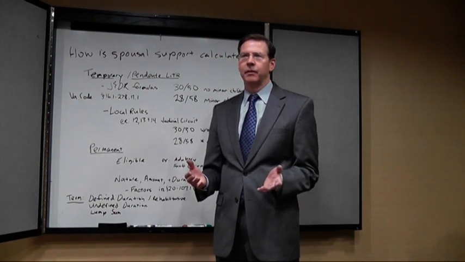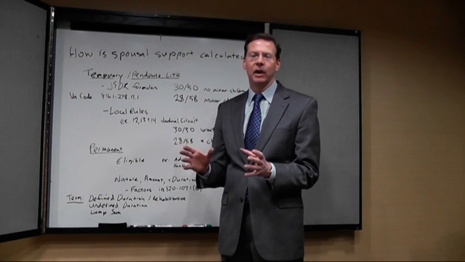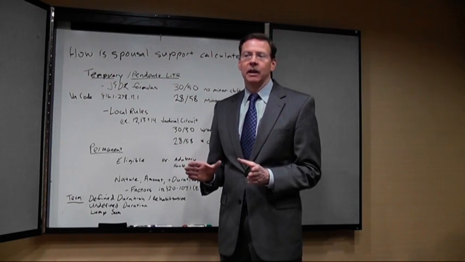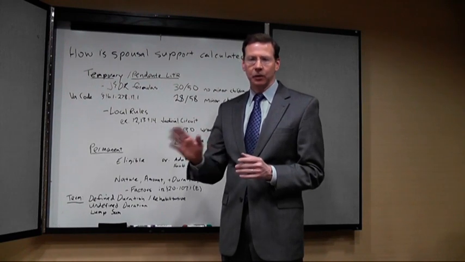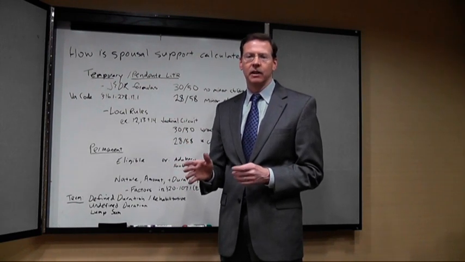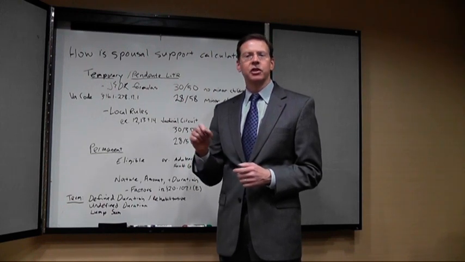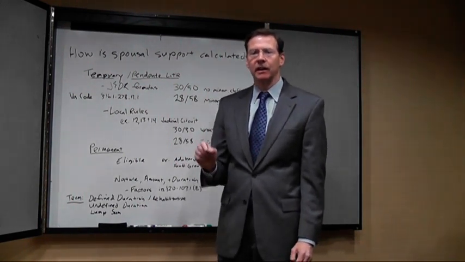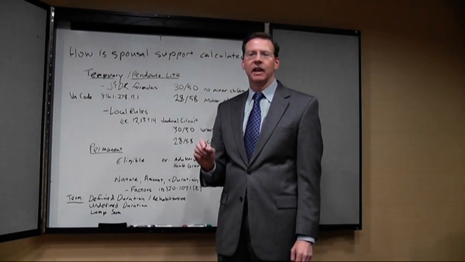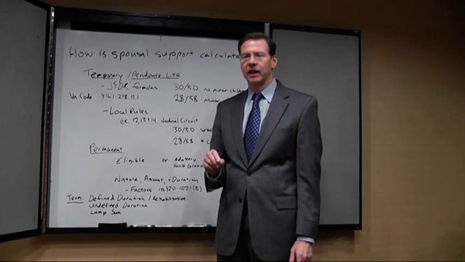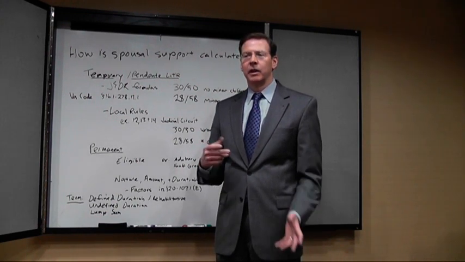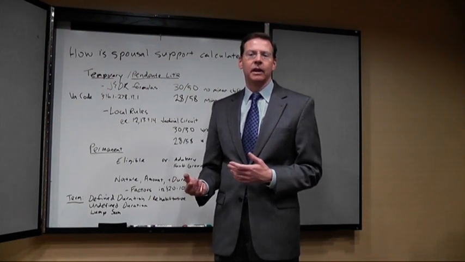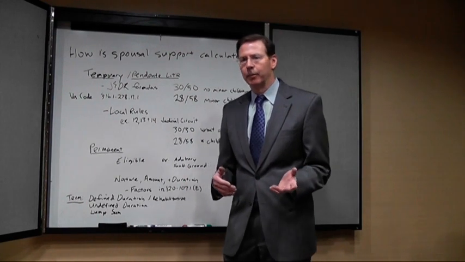An example of those fault grounds, and unique among the fault grounds in Virginia, is adultery. The Virginia Code states that if the spouse is guilty of adultery, and that's the grounds in the divorce case, then the court shall not award spousal support to that guilty spouse unless denying the award would be a manifest injustice, looking at the parties' relative economic circumstances and the relative degree of fault that each has in the failure of the marriage.